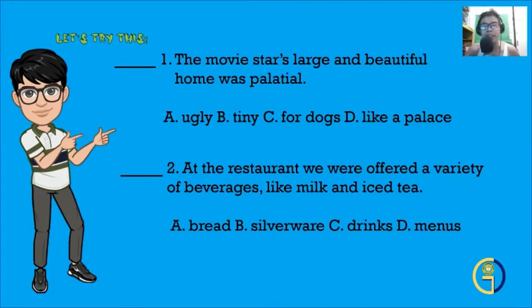The movie star's large and beautiful home was palatial. The choices are ugly, tiny, for dogs, like a palace. Number 2. At the restaurant, we were offered a variety of beverages like milk and iced tea.